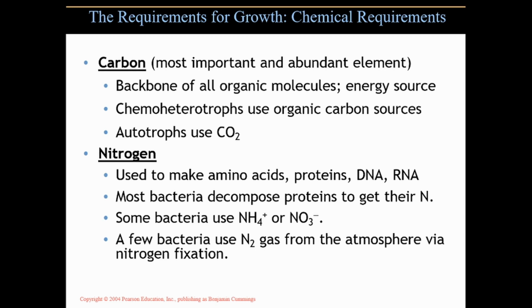In DNA and RNA, those are nitrogenous bases, like adenine and thymine, the nitrogen-containing bases that make up the rungs of the DNA ladder and the steps on the RNA. Most bacteria, in order to get their nitrogen, decompose proteins.